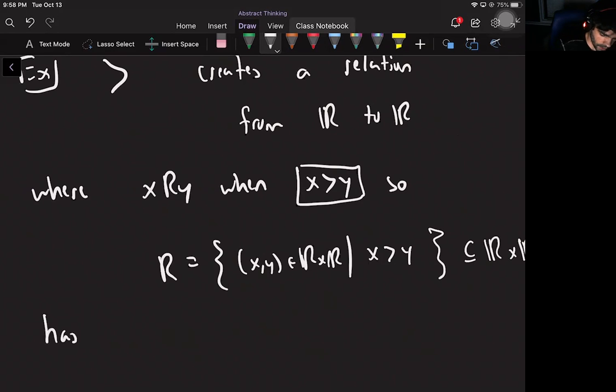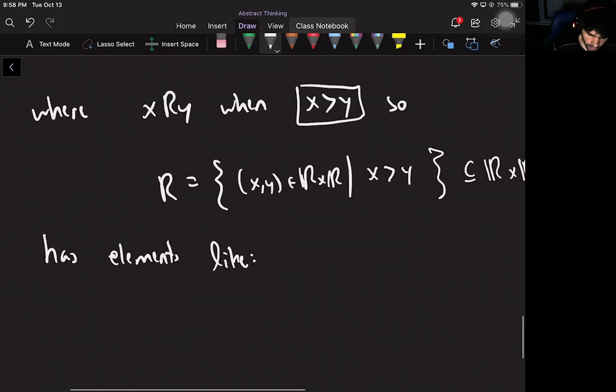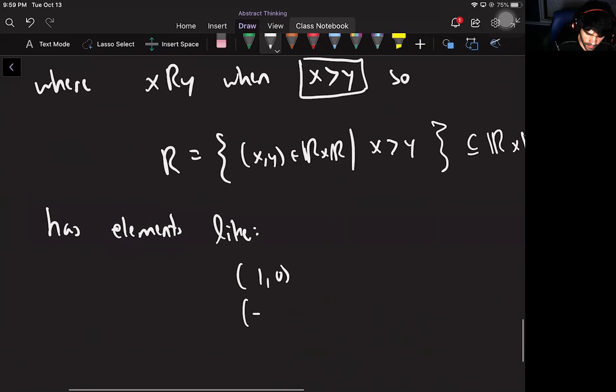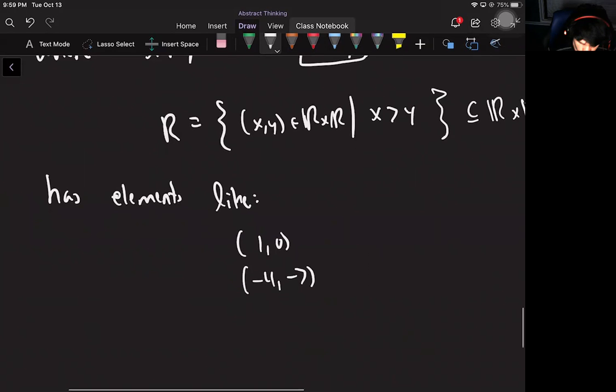So just for little mini examples, you should say what kind of elements it has. So what is in here and what's not in here. Like 1 comma 0 is in there because 1 is bigger than 0. -4 comma -7 because -4 is bigger than -7. 10 comma 5, stuff like this.